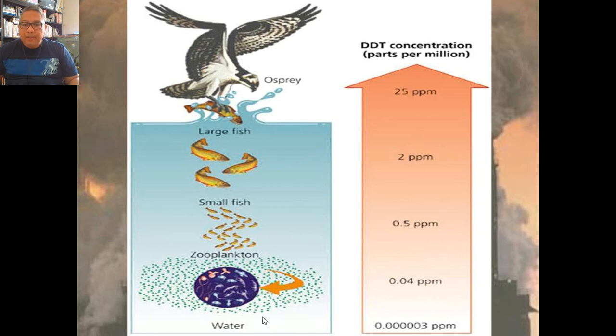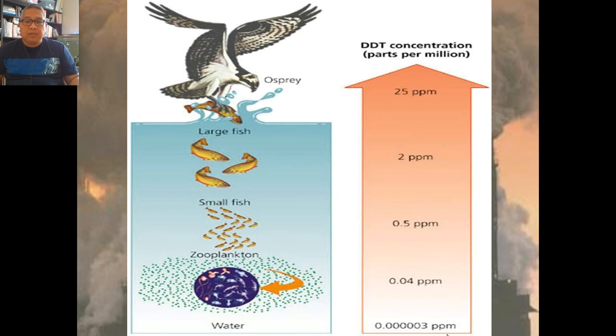So an example of biomagnification here. You have the zooplankton. Notice it's only 0.0000003 ppm, and then as you go higher in the food chain, the parts per million became 25.